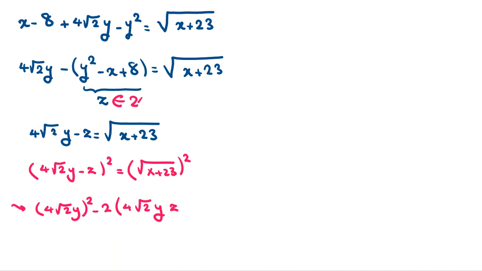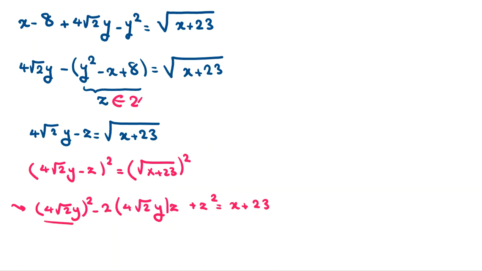So minus 4 root 2 y times z plus z squared equal to x plus 23. Now here it's good because we've got rid of many square roots.